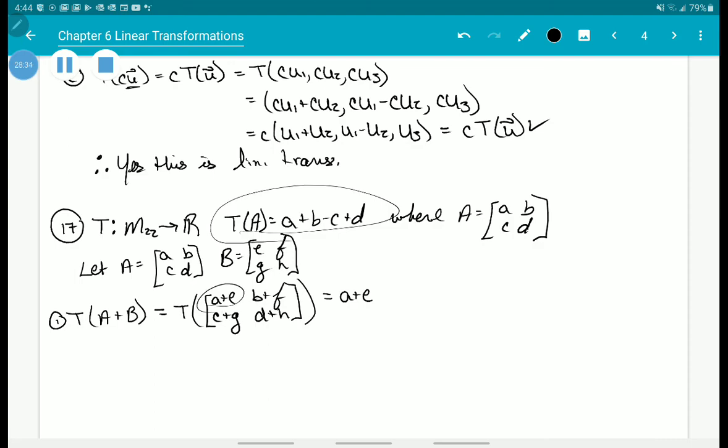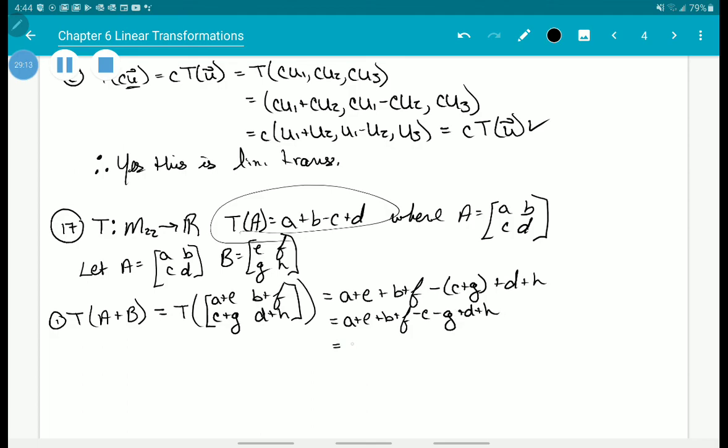So there's the first component plus the second component, which is b plus f, which was here. And then we're going to subtract the third, minus c plus g, and then add the fourth, plus d plus h. So that's equal to a plus e plus b plus f minus c minus g plus d plus h.